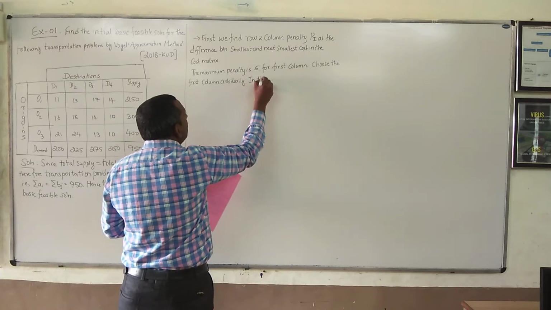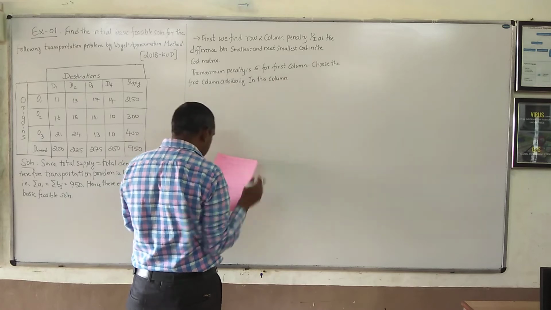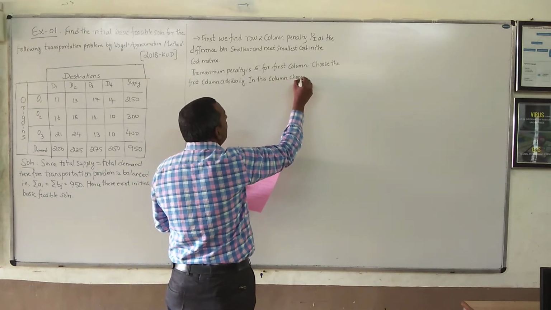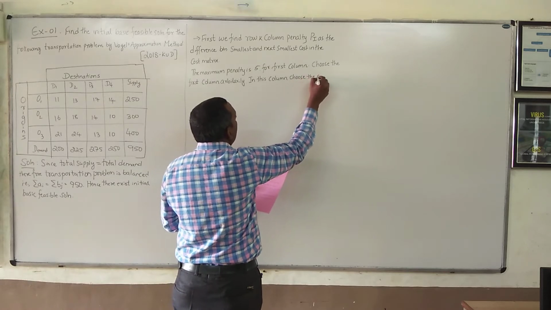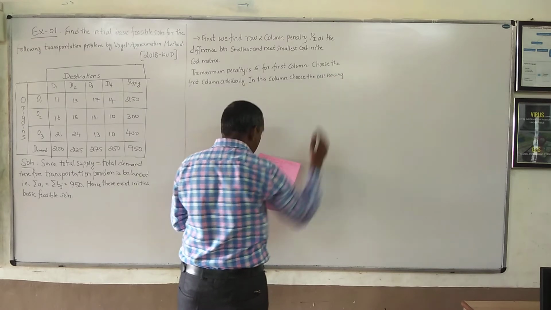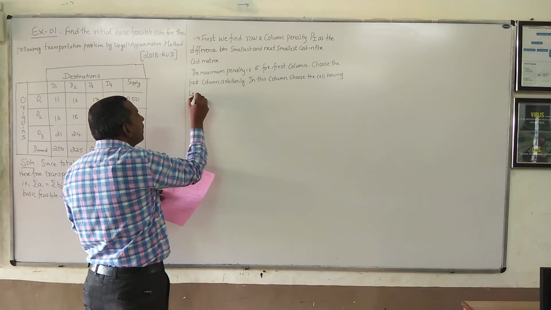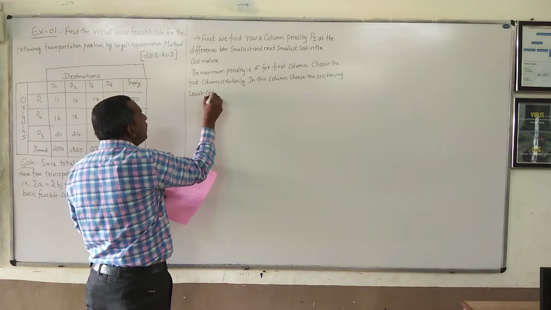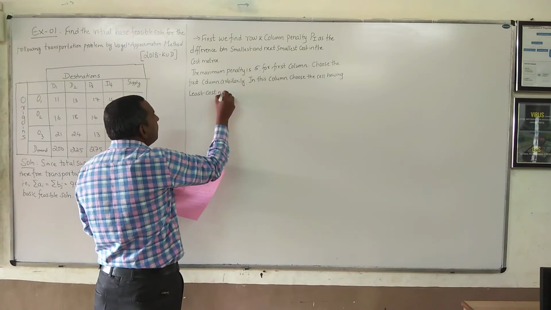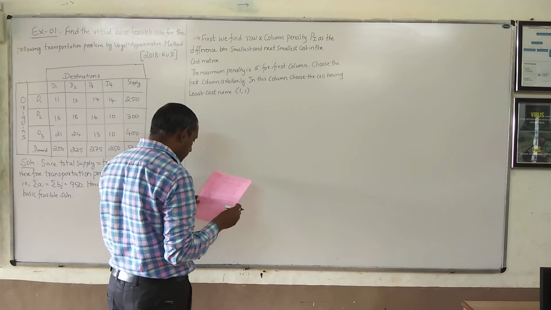In this column, choose the cell having the least cost, that is 1,1.